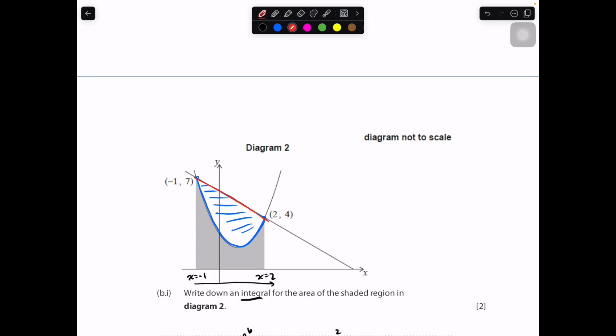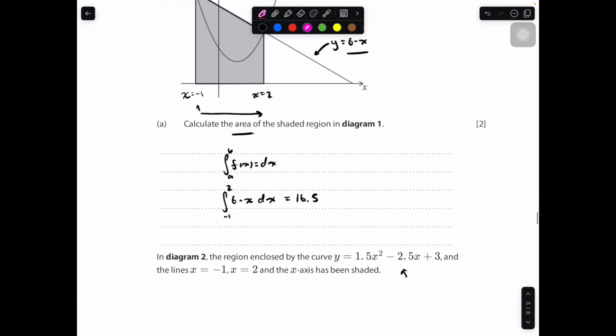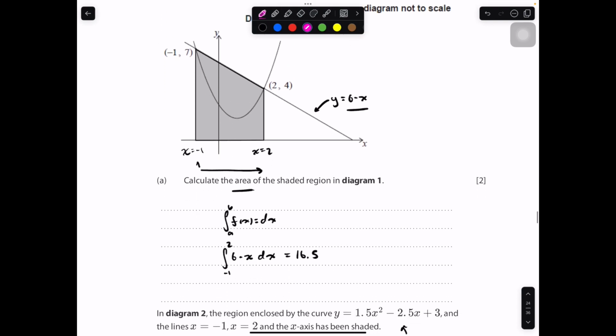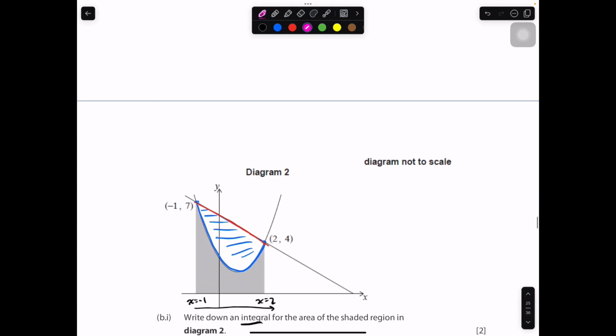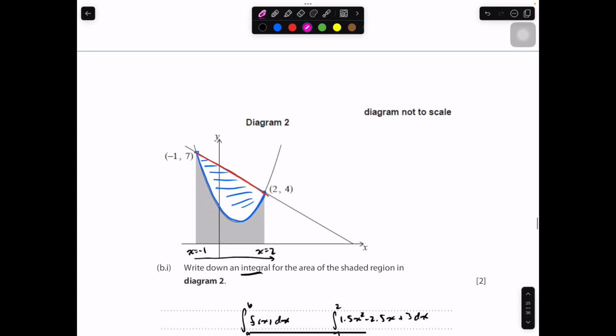So I guess maybe two things. What's going on here? We found that first area, the 16.5, represented all of this. And then we found the area under this quadratic, which represented all of this in green essentially.